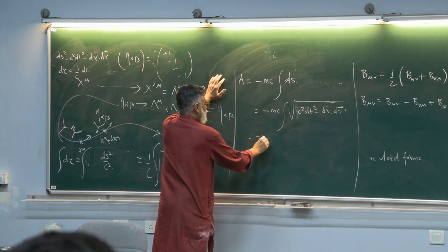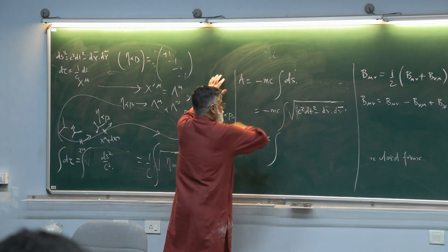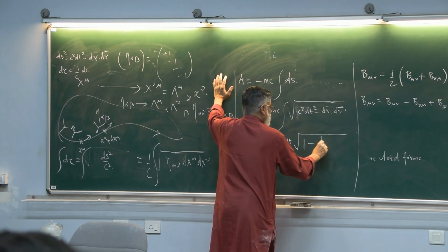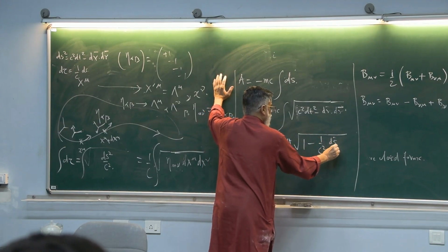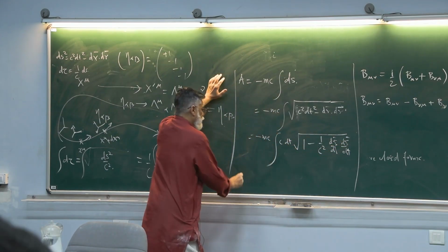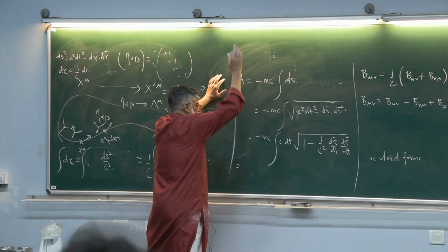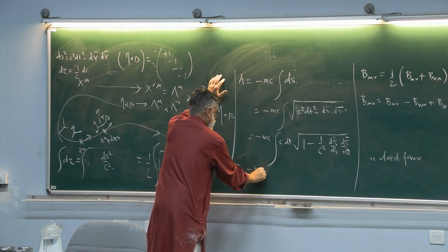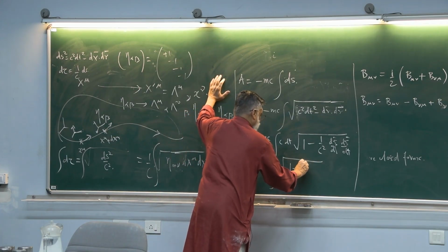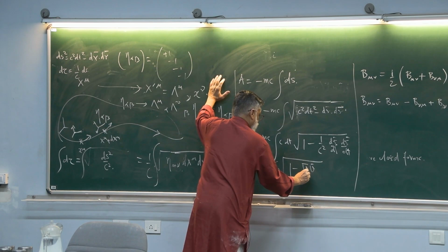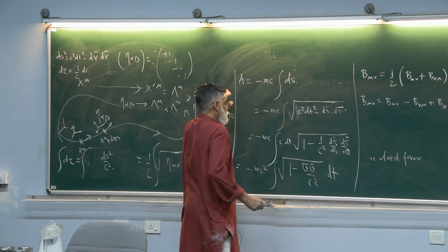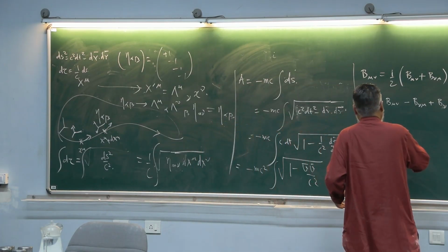This is the same as minus mc times the integral of c dt times square root of 1 minus 1 over c square dr by dt dot dr by dt. So if a particle is moving about, it is the same as minus mc square integral square root of 1 minus v square, v vector dot v by c square, dt. The dr by dt is the velocity vector.